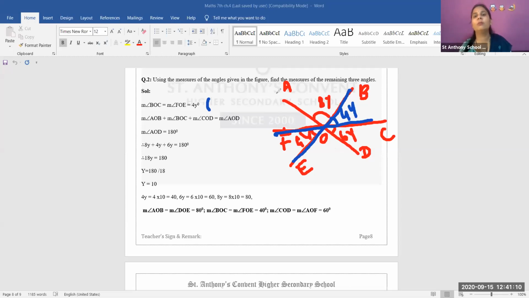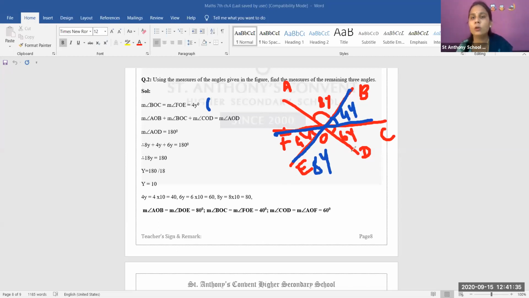EOD. Very good. Measure of angle AOB is equal to angle EOD, because they are vertically opposite angles. So if angle AOB is equal to 8y, angle EOD is also equal to 8y.